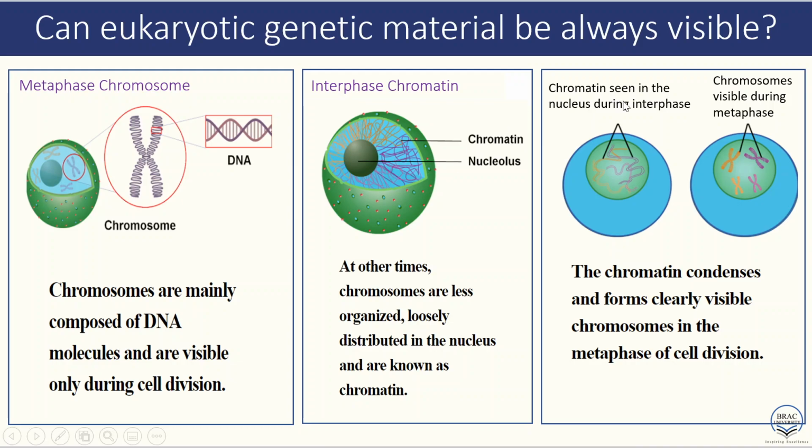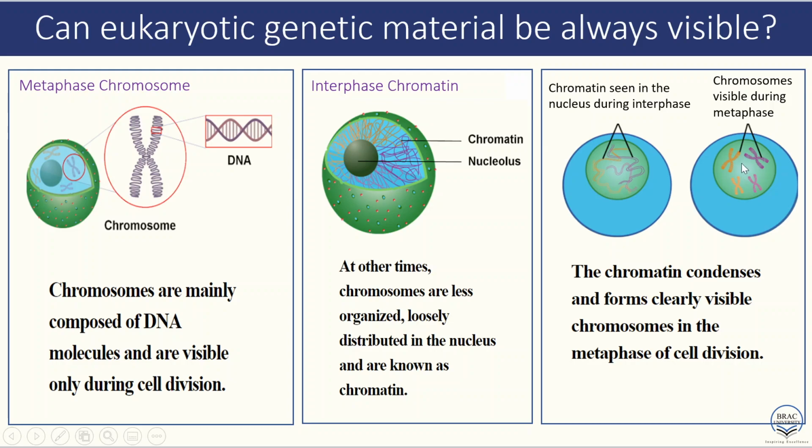Here the chromatin is seen in the nucleus during interphase. Interphase I have talked about; we'll be seeing the cell cycle, the interphase and the mitotic phase. So here is the structure of the chromatin or chromosome. When the DNA material is in this loosely shaped, not so compact structure, that is known as chromatin.